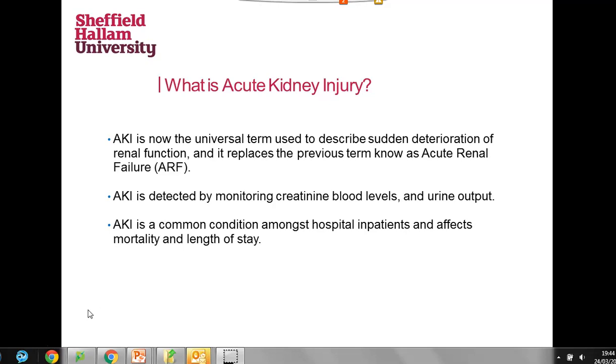Acute kidney injury is different to chronic kidney failure. So a chronic condition is one that lasts several weeks or months, and it will probably stay with the patient, in fact normally does stay with the patient, whereas an acute condition comes on rapidly over a few days to weeks, and that is the difference there.